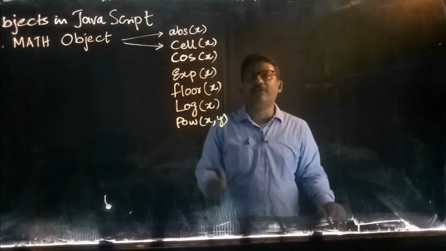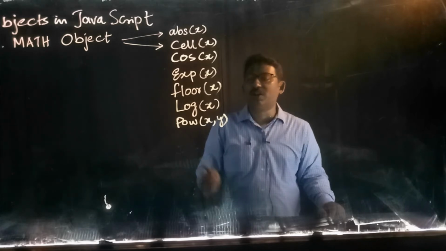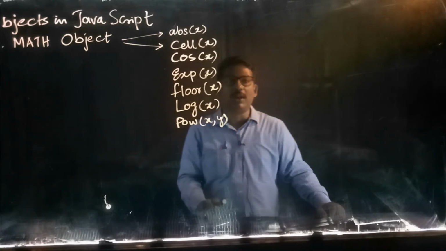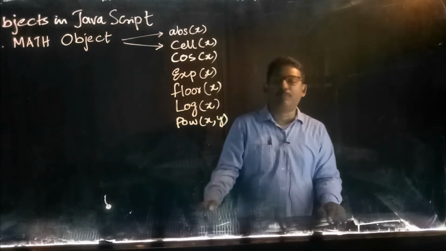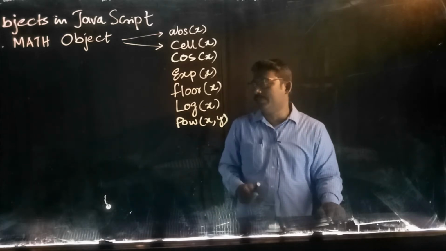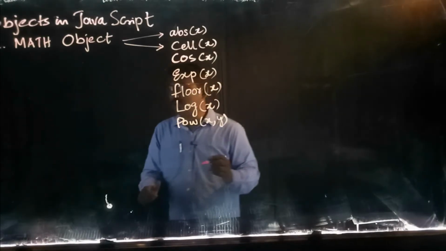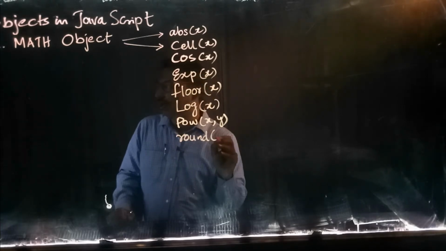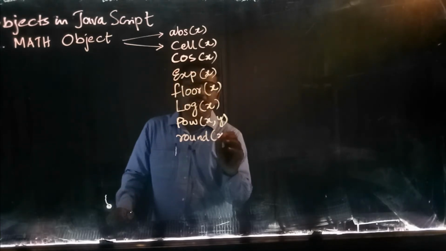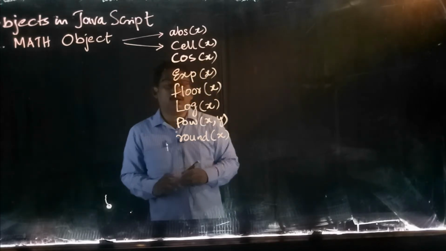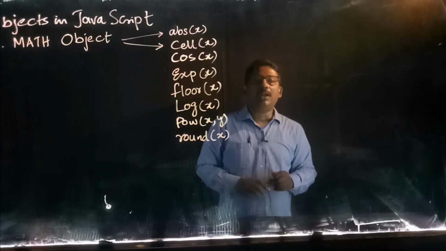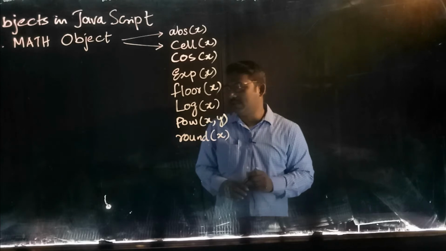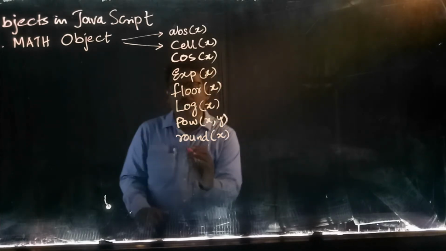Then log x, it will give the logarithmic function, and pow of x y, it will give the exponent power of the x value. Then comes round, which will give the actual rounded value of x. It will convert the decimal number to the integer.